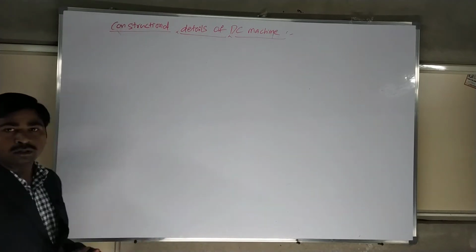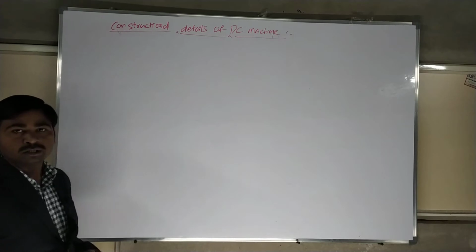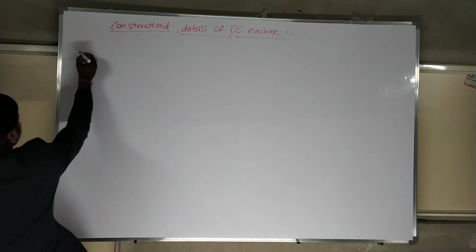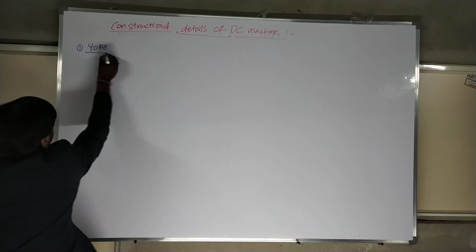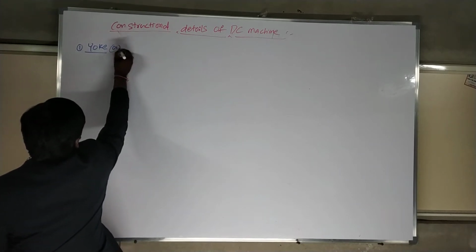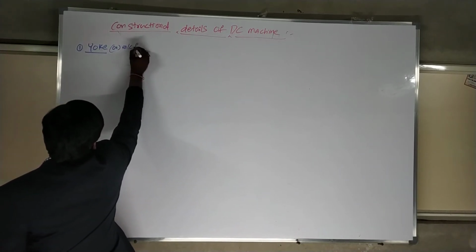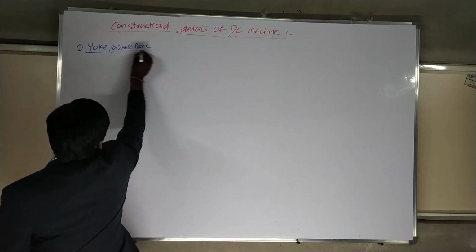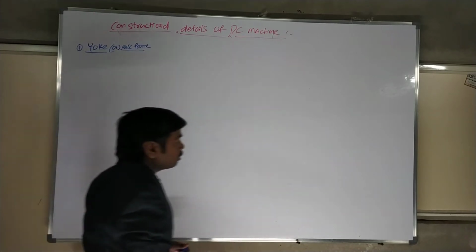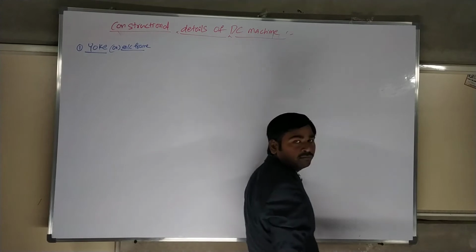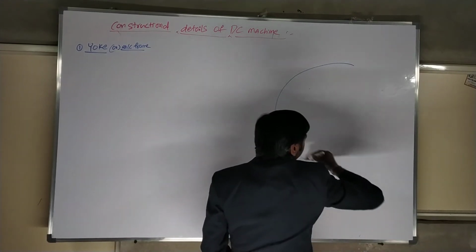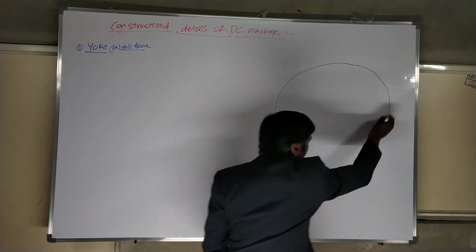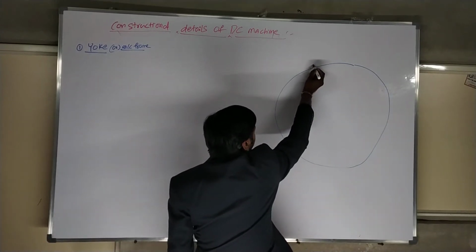The first part in the DC machine is called the yoke, or machine frame, the outer cover of the body. Let me draw a 4-pole machine. This is the outer cover, and this is nothing but the yoke.